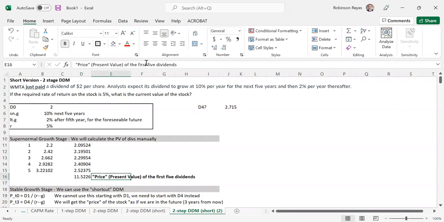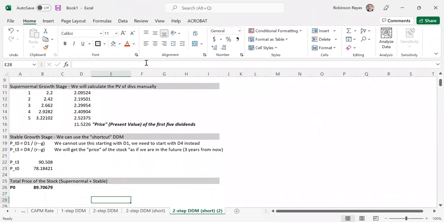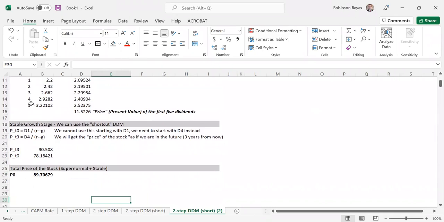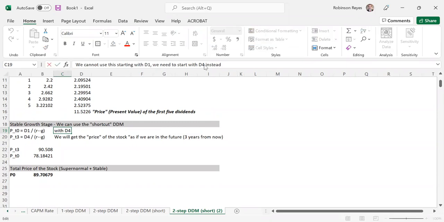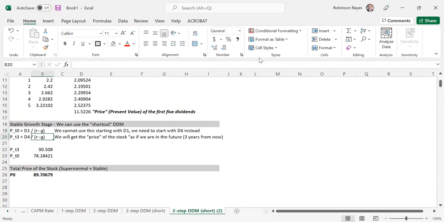5 years. And now let's move on. After year five, we can then use the dividend discount model shortcut, and we no longer need to continue doing this thing manually, calculating the present value manually. But still, the whole problem is we cannot start using the dividend discount model with D1, so we need to start with D6 instead.